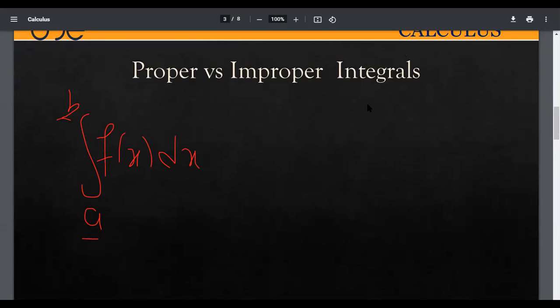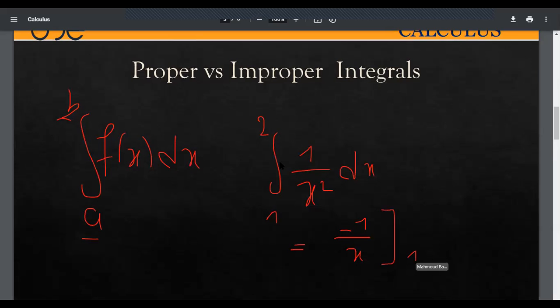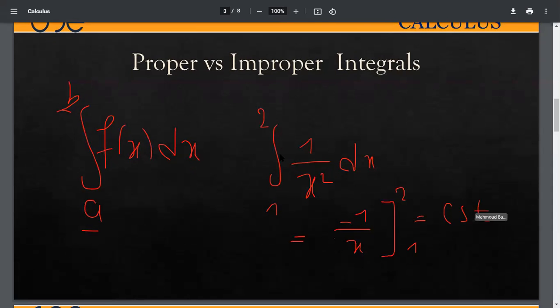When we are solving, for example, from 1 to 2 of 1 over x squared dx, in this case I can visualize this to be a simple integration of 1 over x squared. So it will be minus 1 over x from 1 to 2, right? And this will yield some constant. So this is a proper integral because this type of function yields a constant.